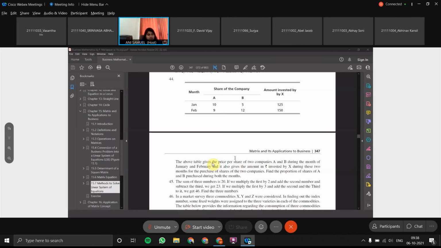X has invested 10 shares in A and 5 shares in B in the month of January, and total investment was 125.